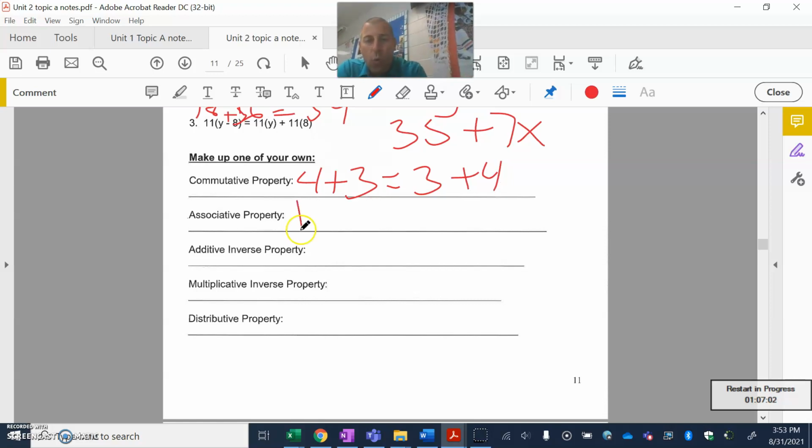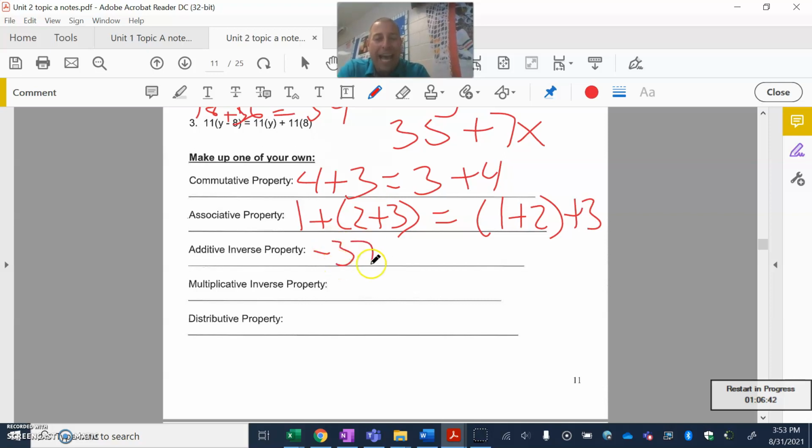So 1 plus, and then 2 plus 3 is the same as 1 plus 2 plus 3. Again, order hasn't changed, but the parentheses have. Additive inverse. Take someone, add on its opposite, you're always going to get 0.